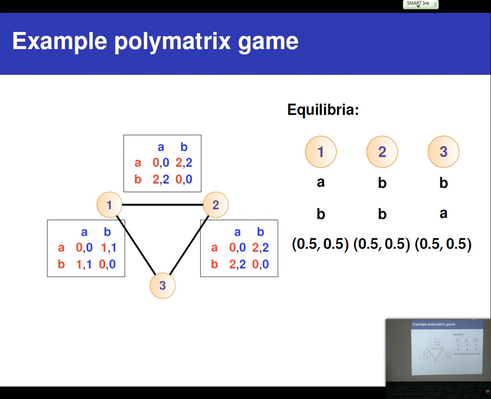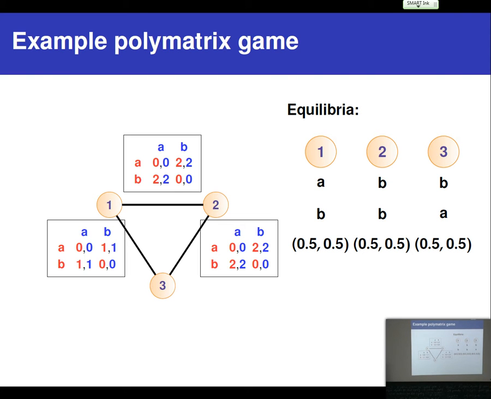And if we look at the special form here, we see that actually somehow we're picking up payoffs according to cuts in the graph. So essentially, you can think of A as being one part of a partition of the nodes into two parts, B being the other part, and then we pick up the payoff between, say, 1 and 3, if 1 and 3 are in different parts of this partition.